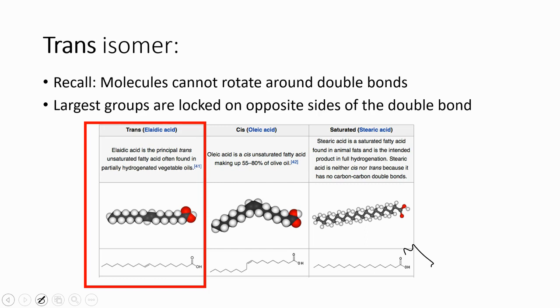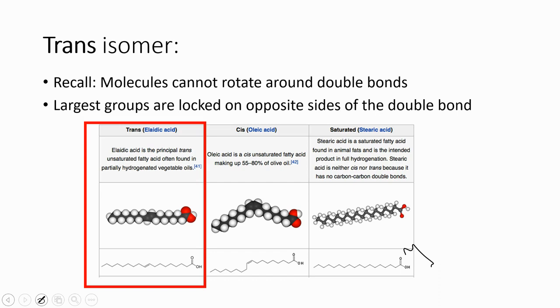And then this one has no double bond. This one's saturated, it has all the hydrogen places filled up. So this is an example of a trans fat versus a cis fat. Have you heard of those from talking about nutrition? Okay. So our bodies have a harder time breaking down these trans fats. And if we have these cis fats, those are easier for our bodies to break down.